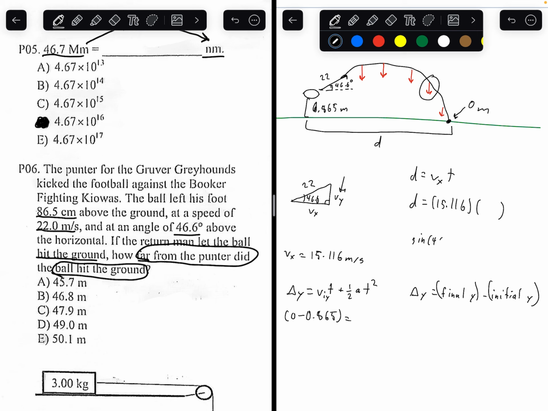Sine of 46.6 equals the y component of velocity divided by 22, so v of y equals 15.985 meters per second.